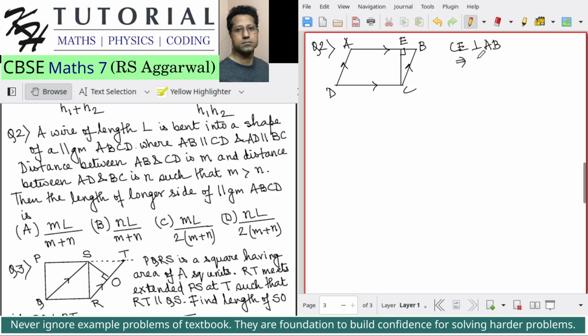So this implies that CE is the perpendicular distance between AB and CD, which is given to be M.